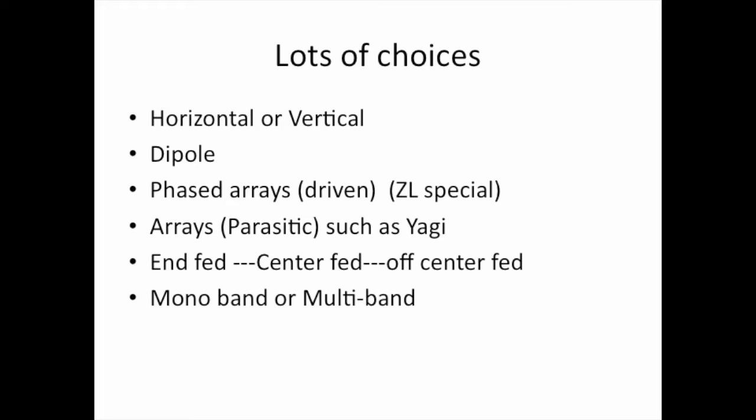Is the antenna going to be in-fed, center-fed, or off-center fed? Is the antenna going to be for just one band, or is it going to be a multi-band antenna? So there's tons of choices, an overwhelming number of choices when you start to think about what kind of antenna you are going to have.